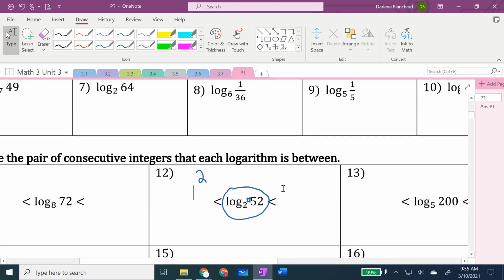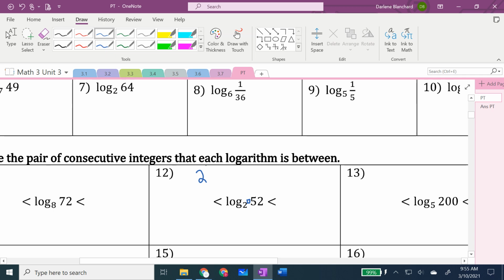So with these problems, I'm wanting you to develop some number sense with logarithms. And you can kind of remember that whatever the base you see on the logarithm, you're looking for what exponent on that number would give you 52.